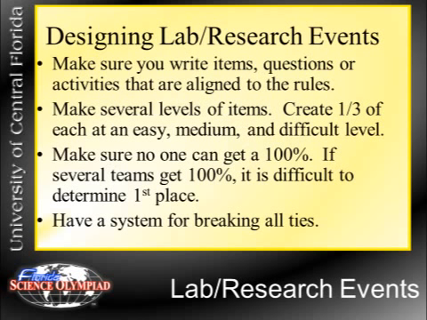What I've had in the past, for example, is, let's say, picture this, which is an event, and they'll have 10 pictures that are done. Well, with only 10 pictures, but we've got 42 teams, that means it automatically sets up ties. So if you have a 25 question test, there will immediately be ties by the sheer fact that there's only 25 points.